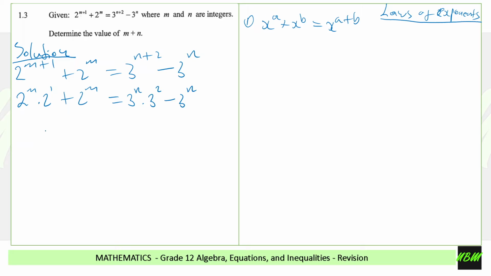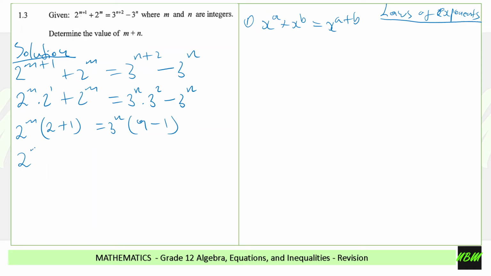Now on the left hand side, 2 to power m is our common factor. Take it out, then inside the brackets you'll have 2 plus 1 is equals to, on the right hand side, 3 to power n common factor, then inside the brackets you'll be having 3 to power 2, which is 9, minus 1.